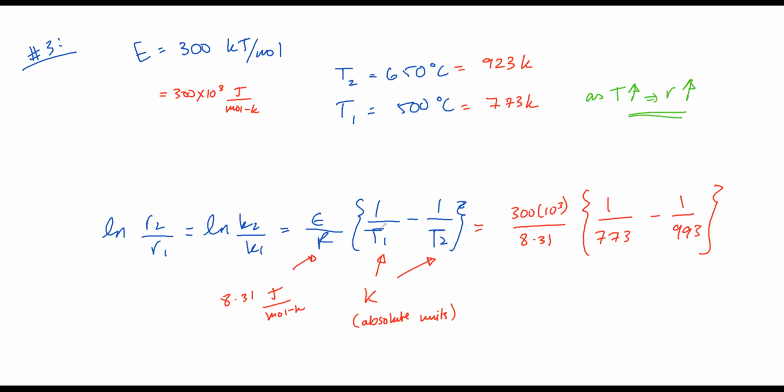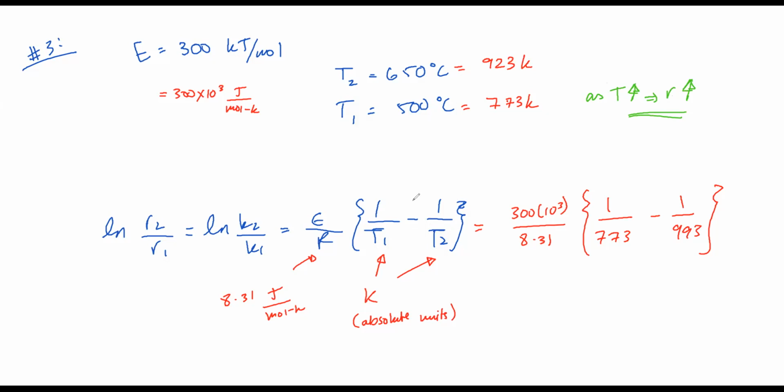If you substituted these two numbers incorrectly, you're going to see the reverse. At the higher temperature, the reaction rate is actually smaller, right? So this means that you plugged them in the wrong order. This is a common error as well. Just be careful with it.